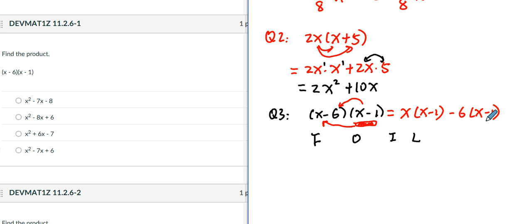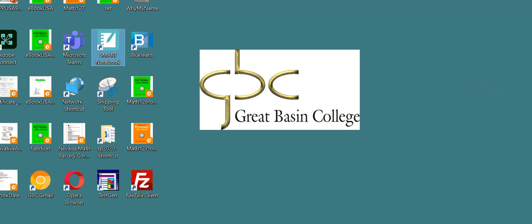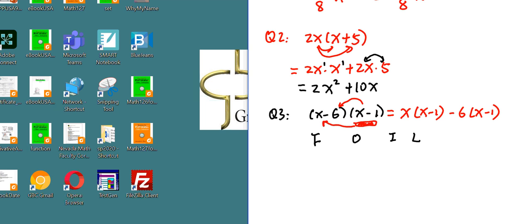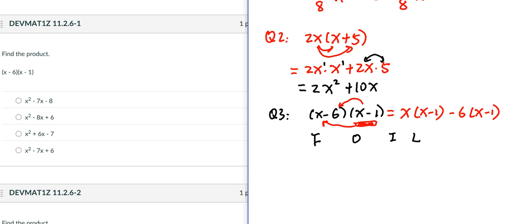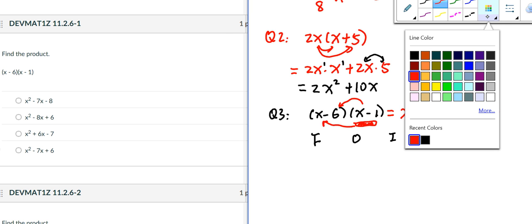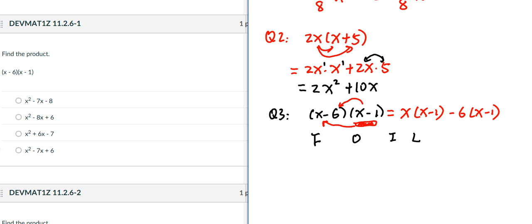And then you do the distributive property for the second time. And then we will have this one, and this one, this one.